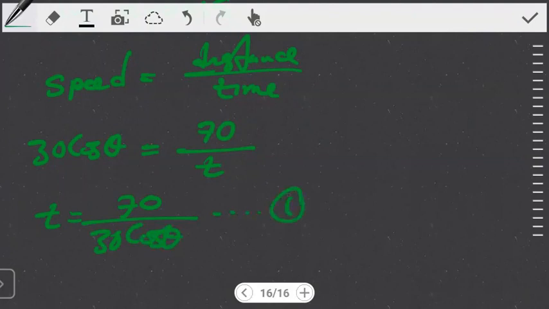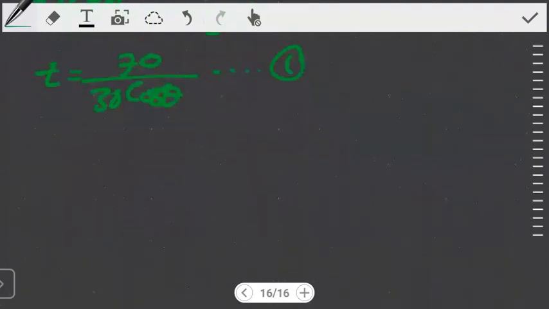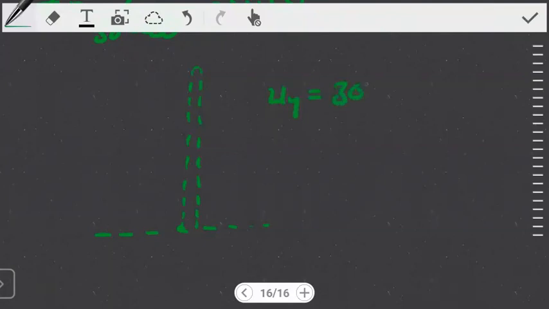Now, how about in the y-axis? What is happening in the y-axis? Well, in the y-axis, we're going to take a shortcut. Instead of looking at it going up and then coming down, we're just going to look at one simple fact. In the y-axis, this projectile just goes up and then it comes down to this particular point. Its initial velocity in the y-axis is that velocity it was launched with, but its y component, 30 sine theta.